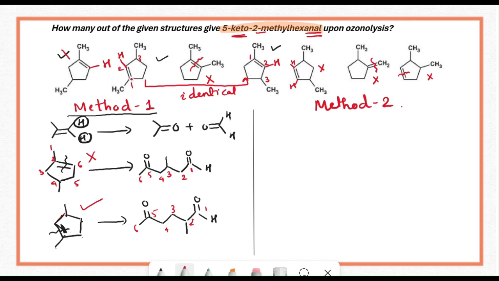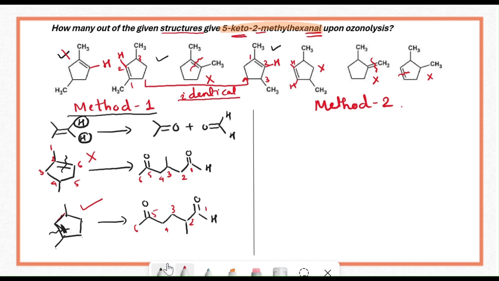Left is the second and the fourth molecule, and they are identical. Hence, among the given molecules, there are only two structures, right? They are asking structures, not two different molecules, okay? They are the same molecules. So these are the two structures which are going to give the product given here.